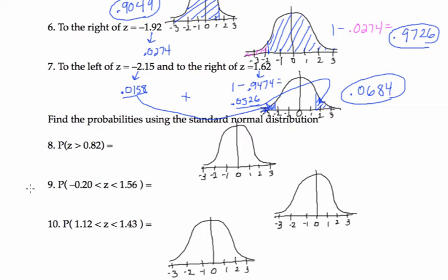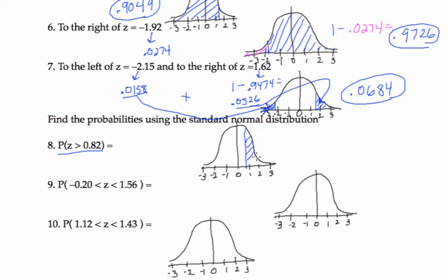Number 8. The first problem is how to read this. This says the probability that the z-score is greater than 0.82, or the probability that the z-score is to the right of 0.82. Greater than is to the right. So 0.82 is about here.